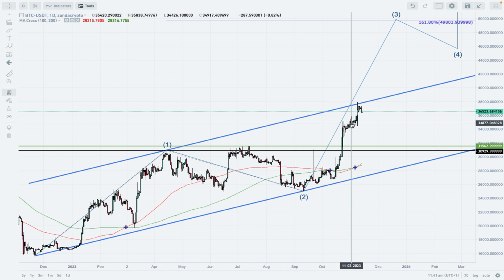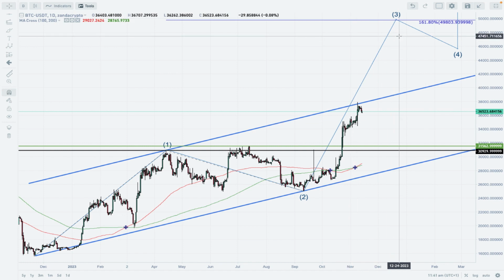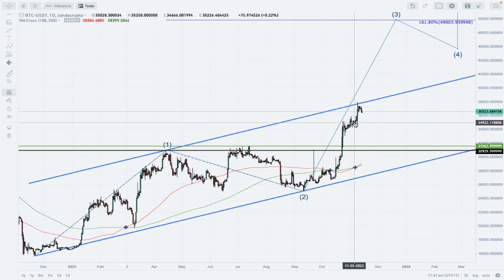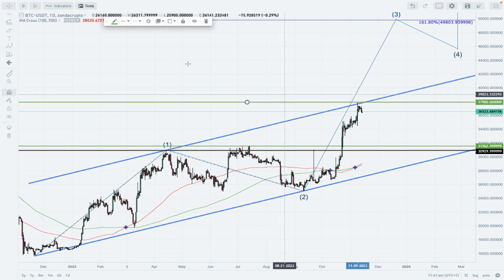We still need a breakout from this channel in order to continue the impulsive wave progression to the upside. We need to break above. Let me place the horizontal technical resistance line at 37,900.